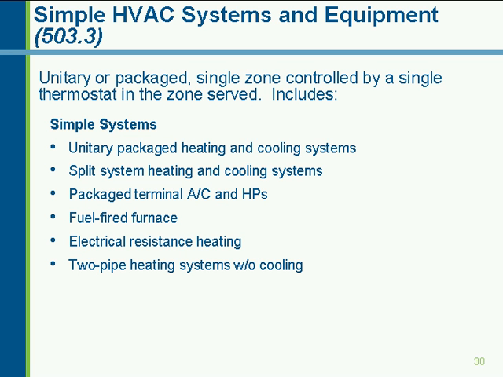And those systems include unitary packaged heating and cooling systems, split system heating and cooling systems, packaged terminal air conditioners and heat pumps, fuel-fired furnaces and unit heaters, electric resistance heating, and two-pipe heating systems without cooling. So that's the only type of hydronic system that is included, a two-pipe heating system without cooling.